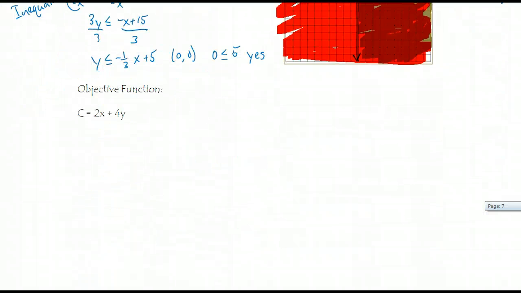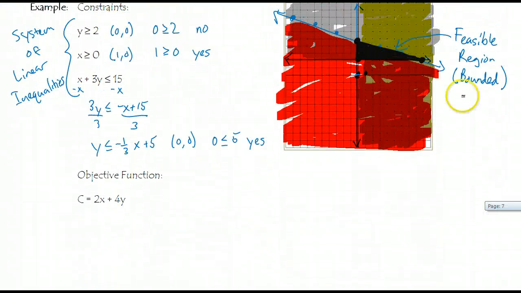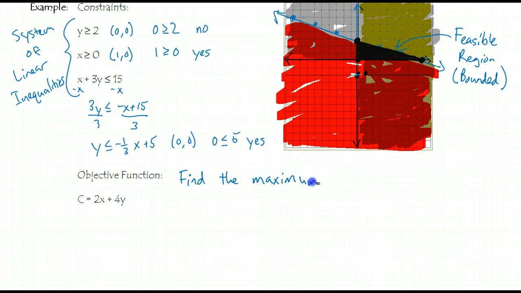Step 2 is to optimize that feasible region. I need to find the maximum and minimum outputs of the objective function.